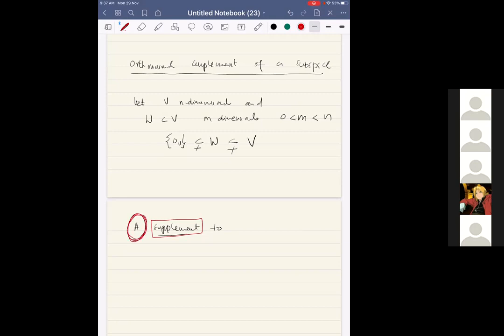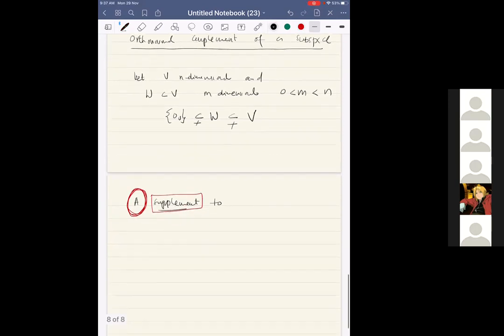This is a tricky English thing. Whenever you say a, I'm signaling that there could be many choices. And when I say the in a definition or in a statement, I'm signaling that there is only one. So when I say a supplement, I'm signaling to you that this is not unique.